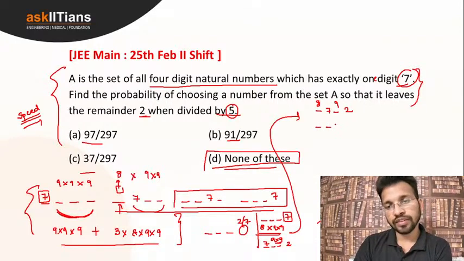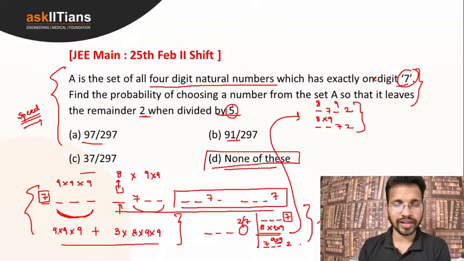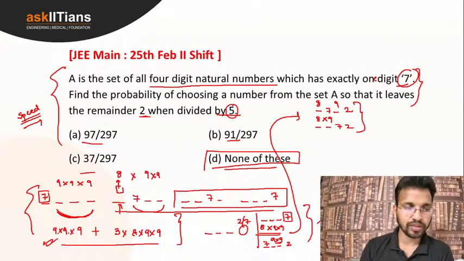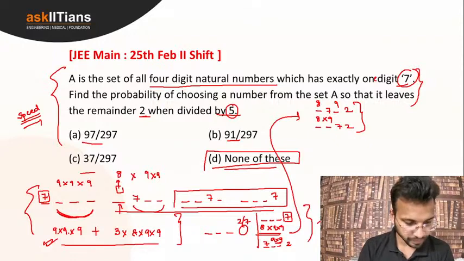And then if 7 goes here, then again 8 into 9. This way we can count these cases quite easily. Any doubts here?